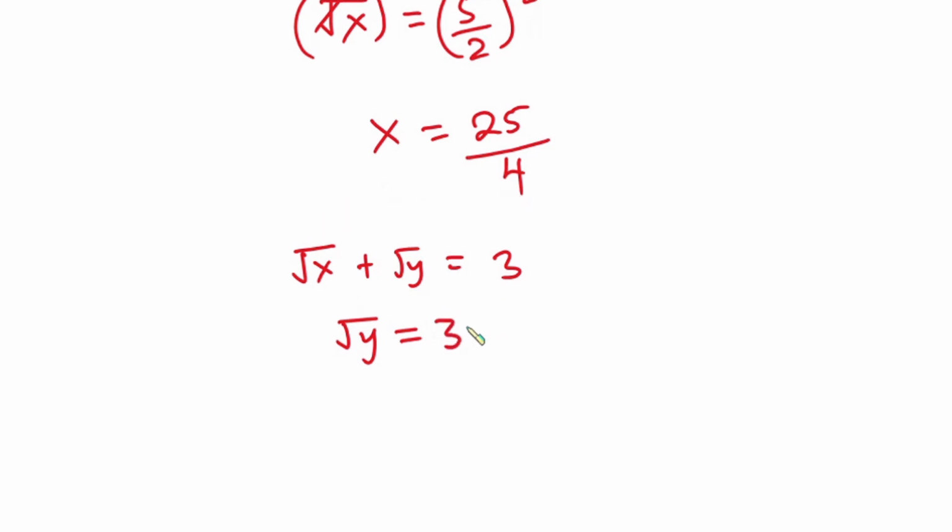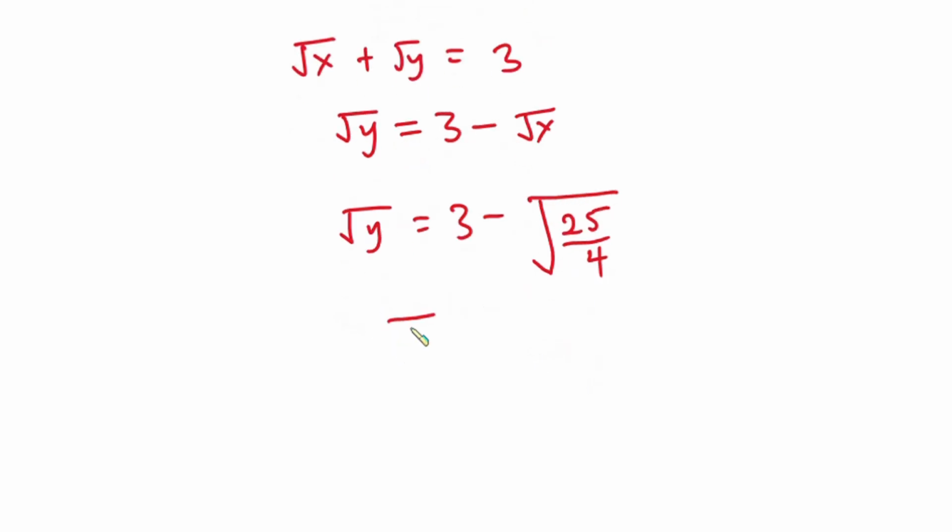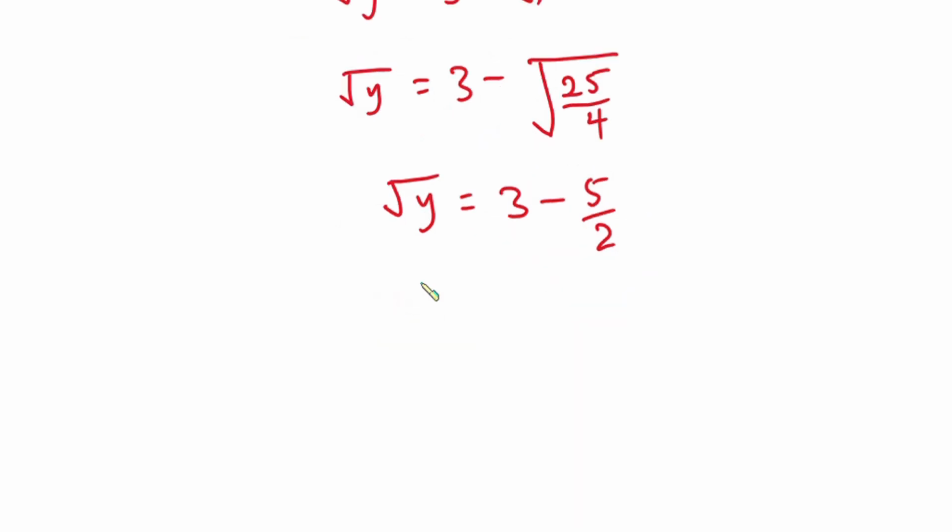So we have square root of y is equal to 3 minus square root of x. Now we know x to be 25 over 4, so we have 3 minus square root of 25 over 4. This whole thing is equal to 5 over 2, so we have square root of y is equal to 3 minus 5 over 2.